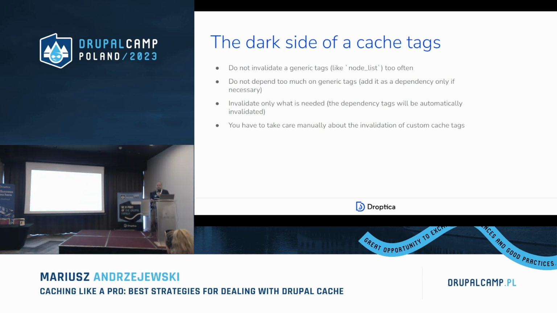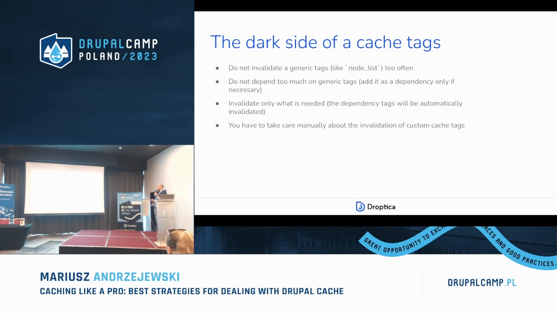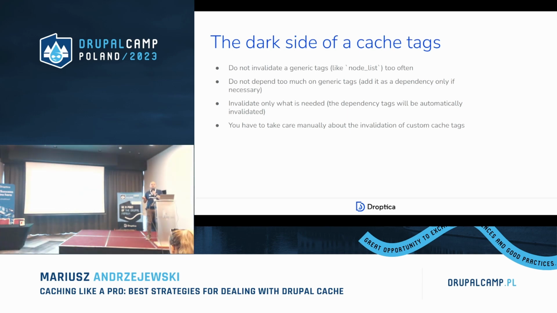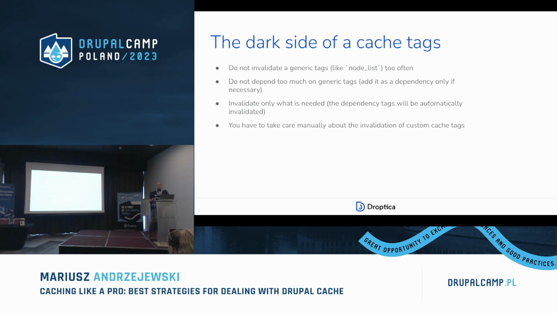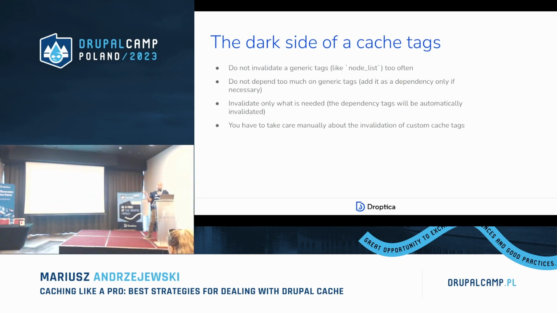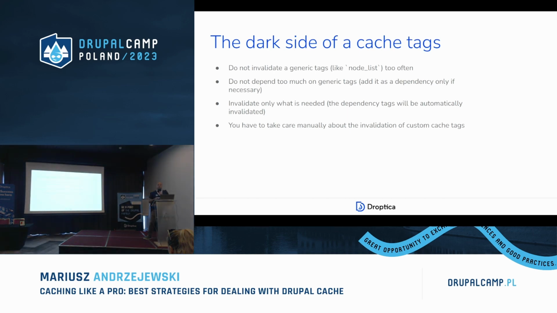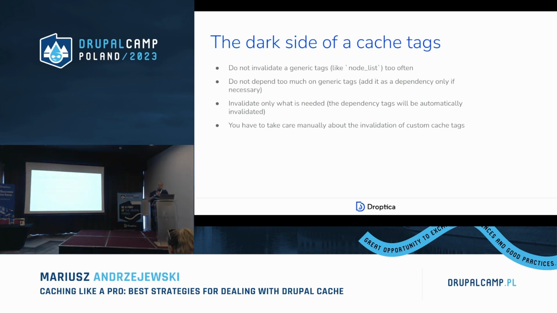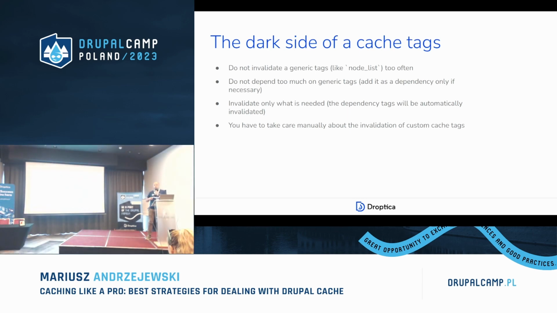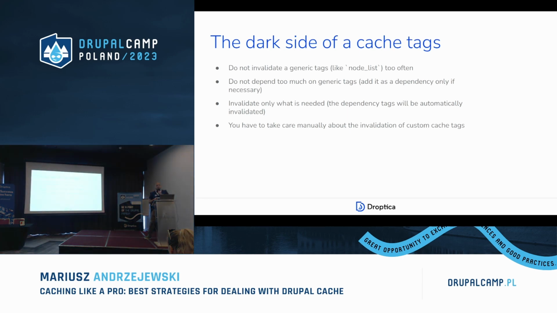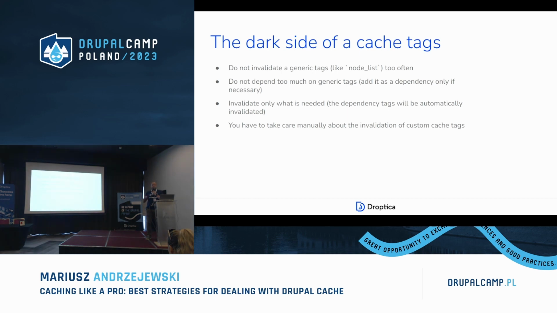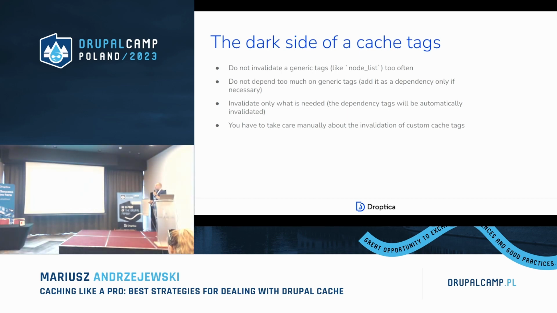And yeah, so what's the point? The same goes for sort of generic cache tags. These are, for example, for a list of entities, like the node list. So whenever a node is saved, anything that has a node list, like a view with a list of nodes, is going to be updated. So the cache needs to be invalidated, rebuilt, and so on.